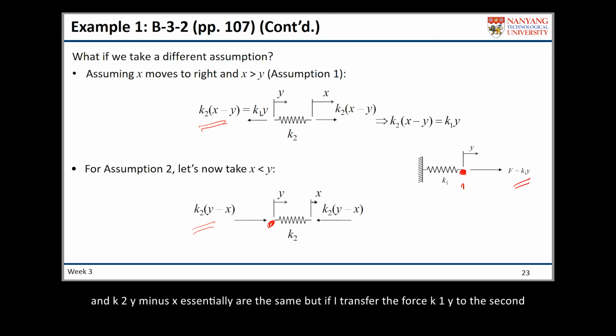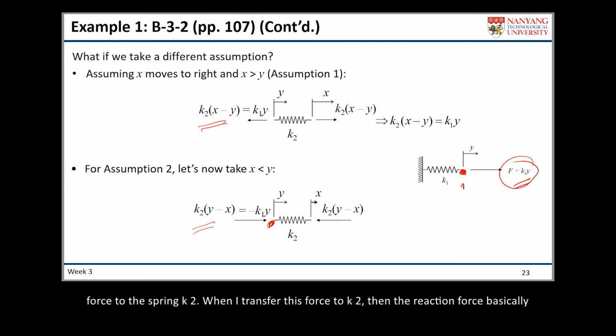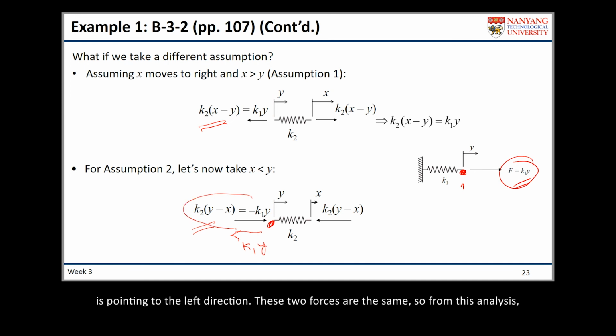But if I transfer the force K1 y to the second spring, of course I have to put a different direction on the force, because it will be the reaction force to the spring K2. So when I transfer this force to K2, the reaction force is pointing to the left. These two forces are the same. So from this analysis, I know that K2 times y minus x is equal to minus K1 times y.